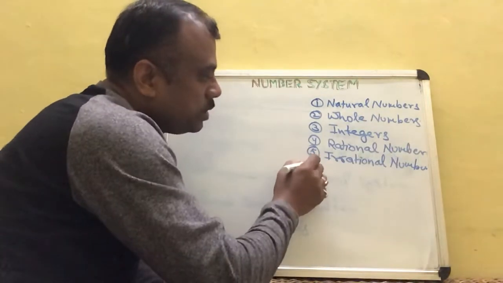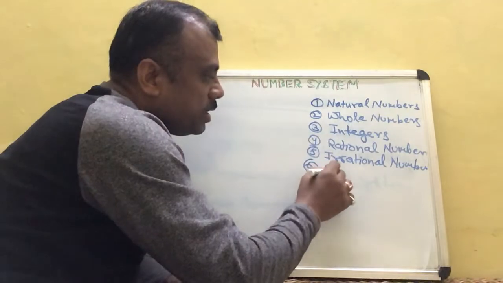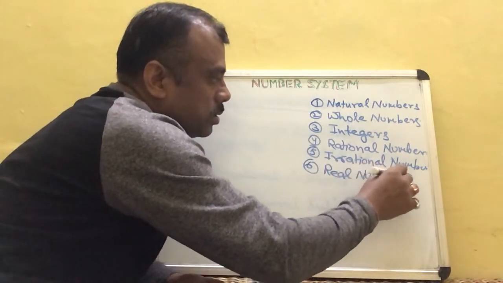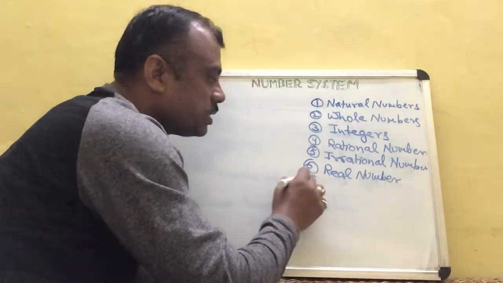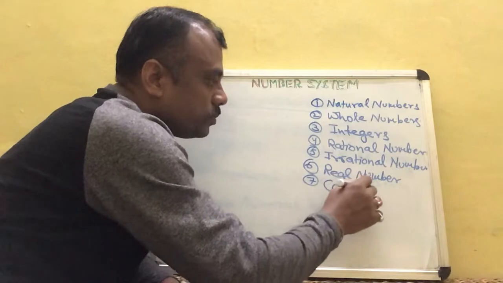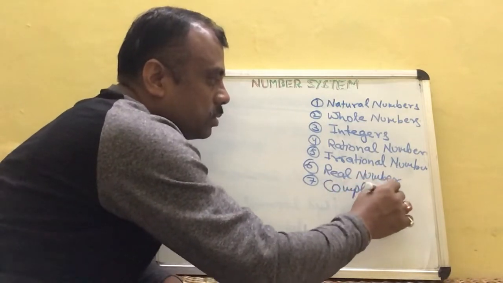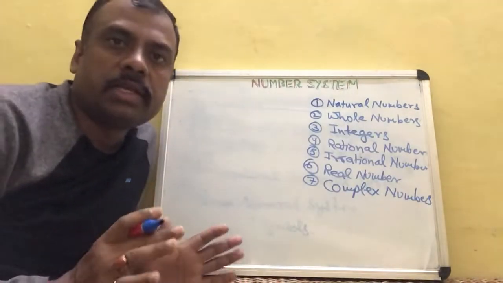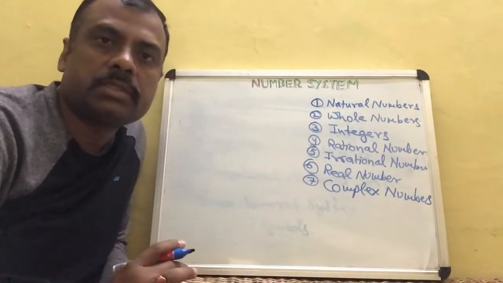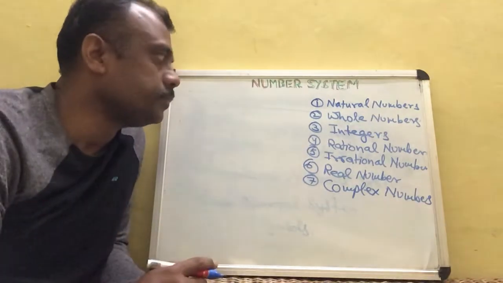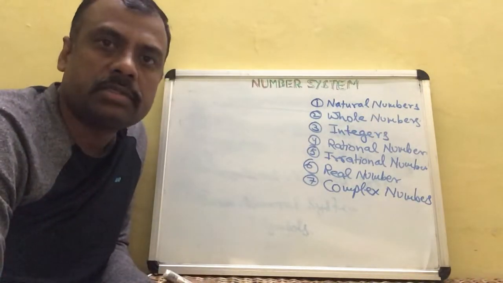After that, the real number system, and at the last we will discuss the complex number system. These are the only number systems available in mathematics up to school level, and they are taught by the teachers.